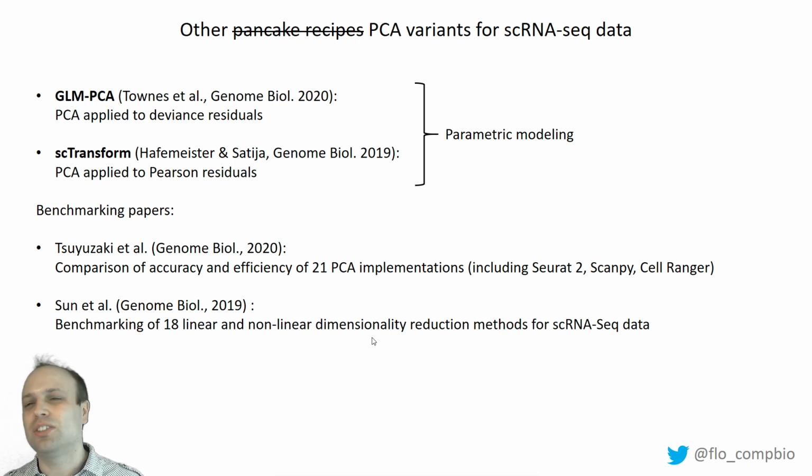PCA is not so much a visualization tool, but t-SNE and UMAP are basically applied to principal component scores. So PCA is the first step of the visualization, and then t-SNE is the second step. And similarly with UMAP, because PCA is so good at removing noise from single-cell RNA-seq data, it makes sense to apply UMAP to PC scores, not to the raw data.